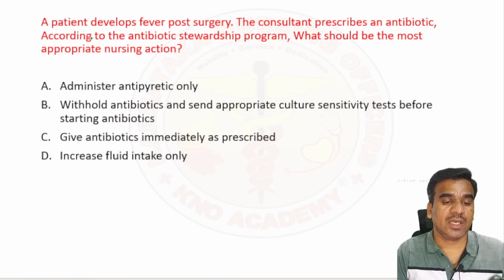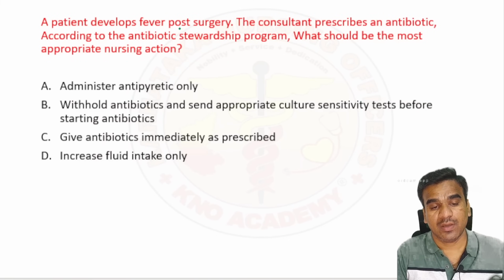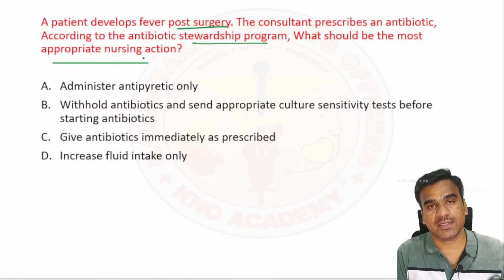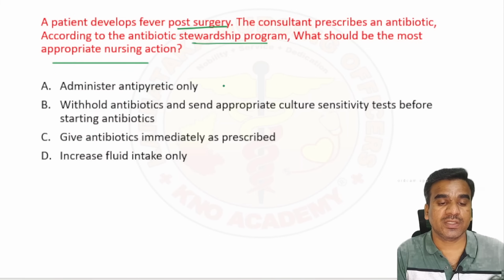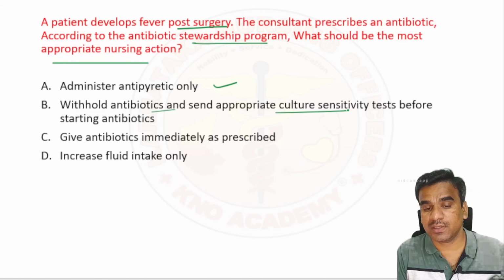Next question: a patient develops fever post surgery. The consultant prescribes antibiotics according to the antibiotic stewardship program. What should be the most appropriate nursing action? Option A is administer antipyretic only. Option B is withhold antibiotics and send appropriate culture sensitivity tests before starting the antibiotics.